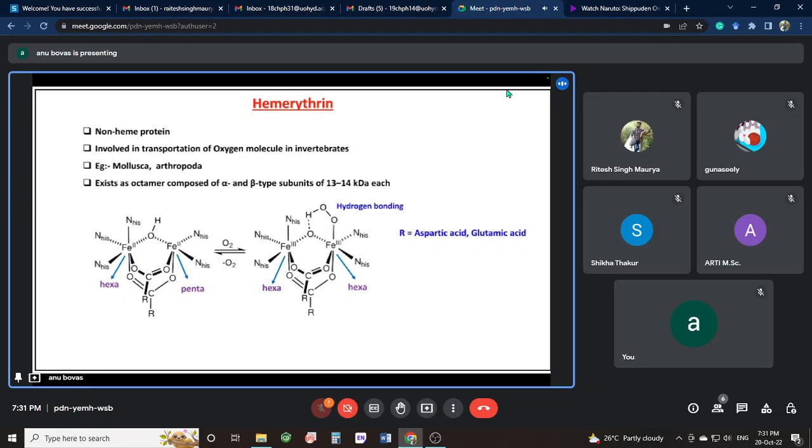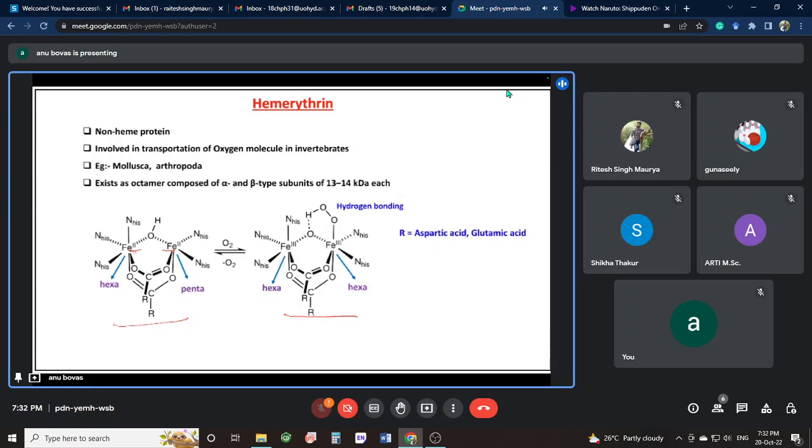So we have two states, deoxy state as well as oxygenated state, right? And this is deoxy state, this is oxy state. Oxyhemerythrin, deoxyhemerythrin. If we see the oxidation state of iron, in deoxyhemerythrin, both iron exist in Fe2+ oxidation state. So it can be asked how many iron centers are present per hemerythrin.